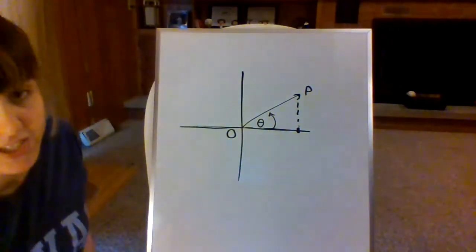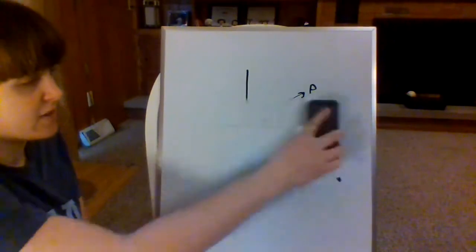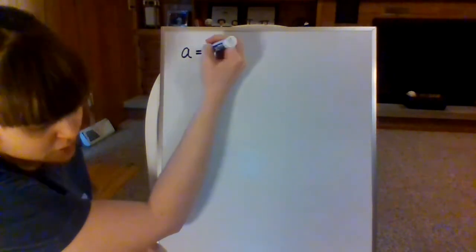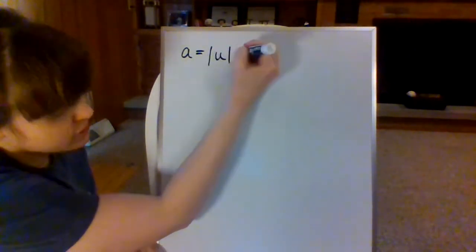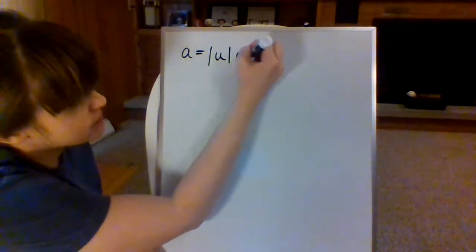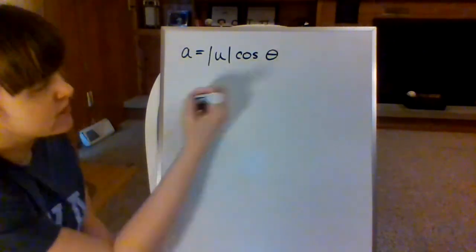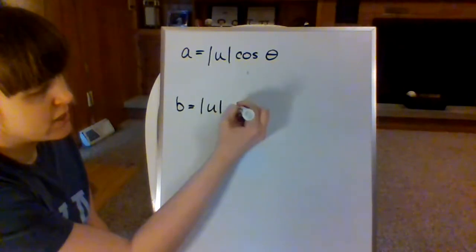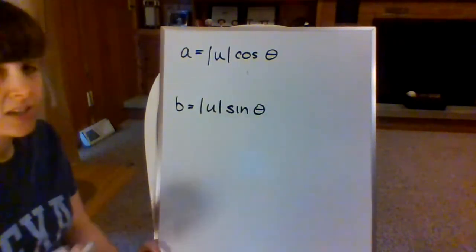So now I'm going to present you with the formulas. We have A equals the magnitude of the vector times cosine theta, and B would be the magnitude of the vector times sine theta.